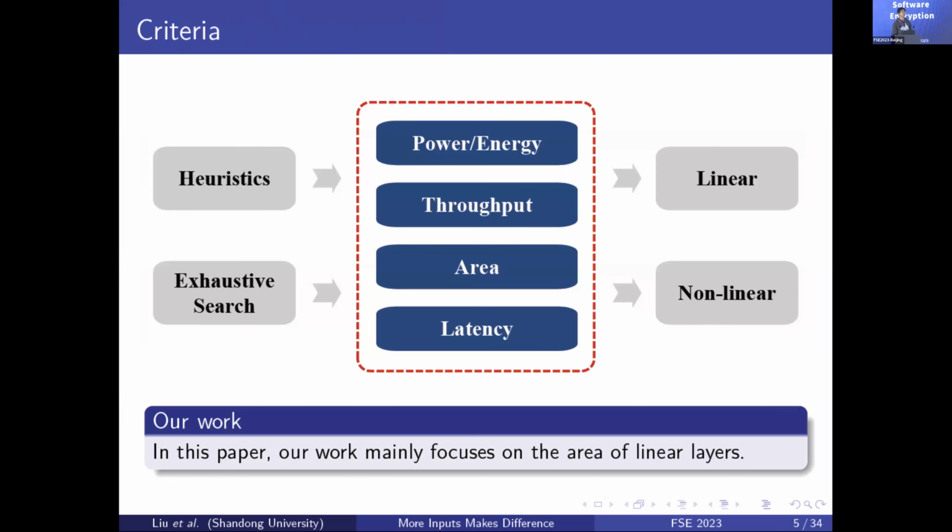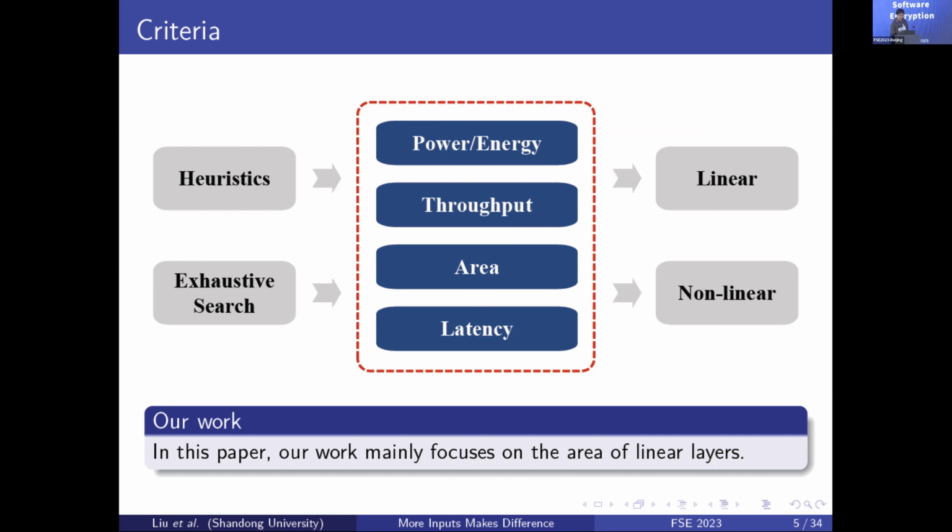The criteria are power, energy, throughput, area, and latency. In practice, the diffusion and confusion components are relevant to the linear and nonlinear operations. In this paper, our work mainly focuses on the area of the linear layers, such as the mixed columns in AES.